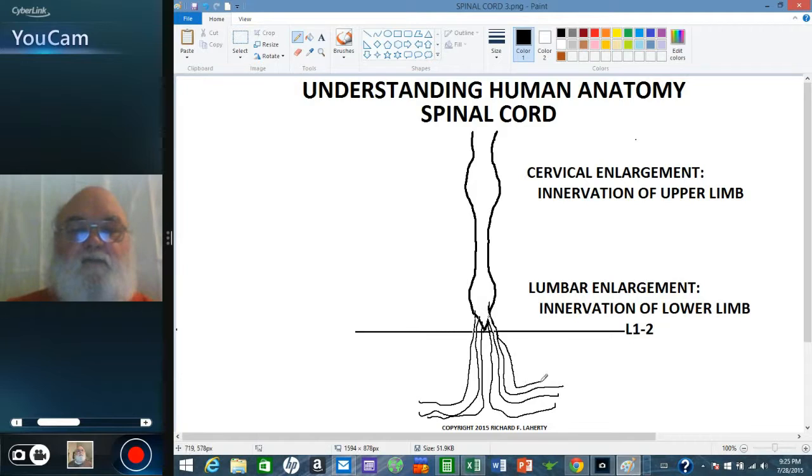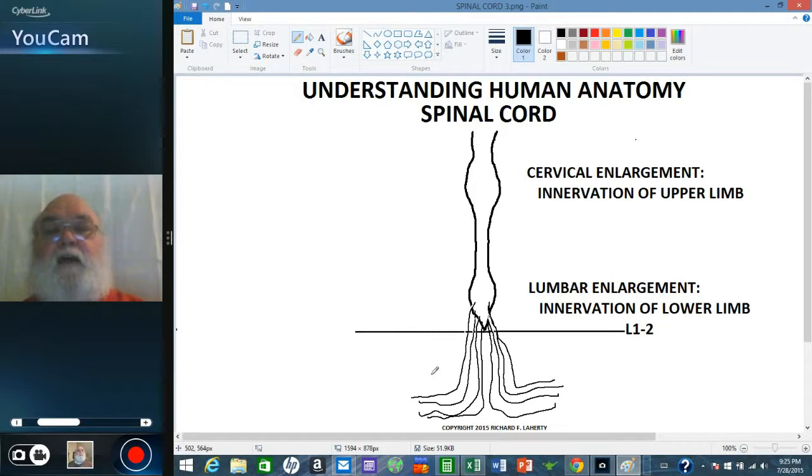Now when you see this in a cadaver, all these nerve fibers coming down, it resembles a horse's tail.